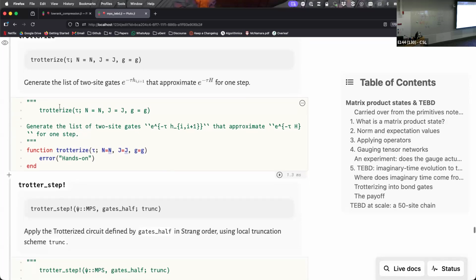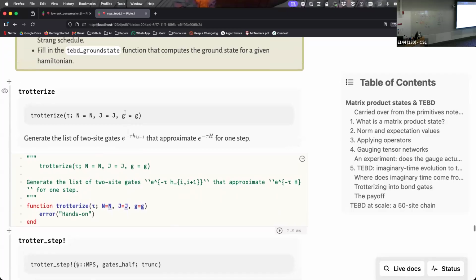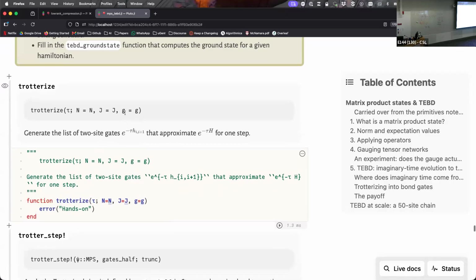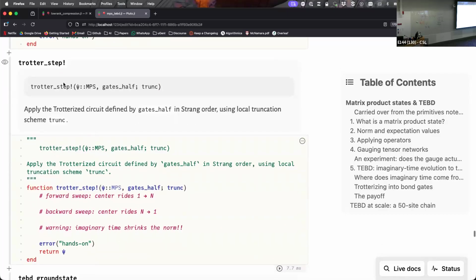And so the idea is to first compute all of these gates. Note that the exp function takes the exponential of a small tensor, so you can use that. Then we will do one single Trotter step, which just means go from left to right, apply the gate with the functions that we already defined, move the center with the functions that we already defined, and do the same to go from right to left.